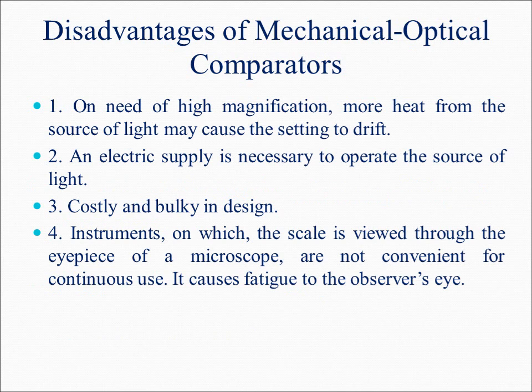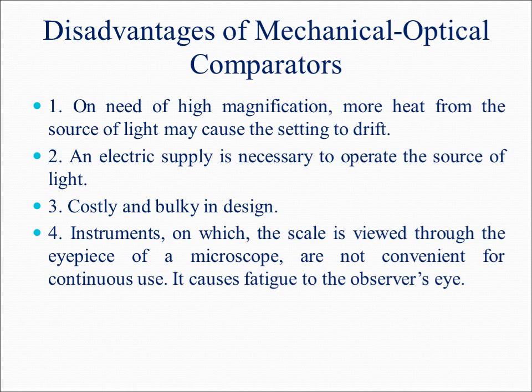What are the disadvantages of mechanical optical comparators? The first disadvantage is that, on the need of high magnification, more heat from the source of light may cause the setting to drift. It means drift errors are involved in these comparators. Second, an electric supply is necessary to operate the source of light. It means it is a passive comparator.